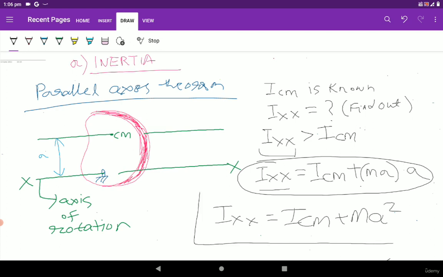This is the final expression for calculating the inertia about the axis.